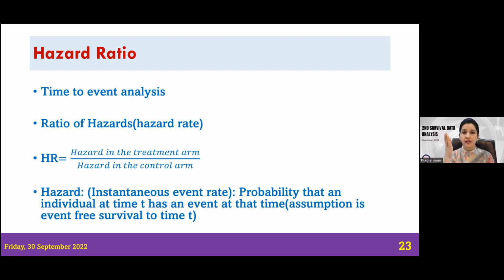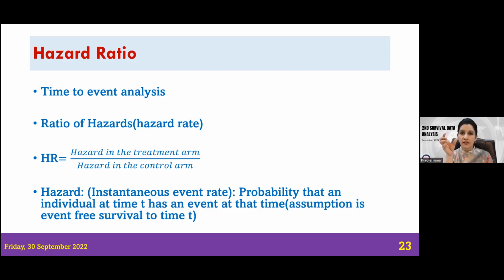So if I say that the hazard of a person on a particular day is 2%, that means if I have 100 people, 2 people have got that risk. That is a plain hazard. When you do 1 minus that hazard, you calculate the probability of survival.